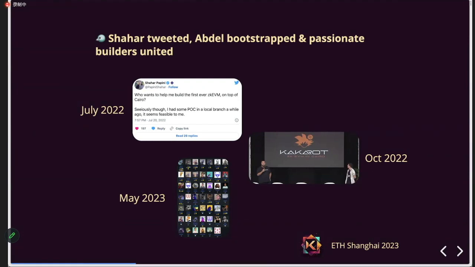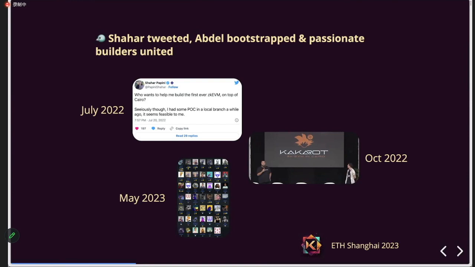But the implications are even more powerful, because if you write an EVM in Cairo, then you have a zkEVM. So it's essentially a novel approach to zkEVM. And back in July 2022, Shahar wanted to try it out. He thought, we've built the Cairo VM as a toolbox for zero-knowledge technology. So everyone writing in Cairo can have provable compute. So if we write an EVM in that language, in Cairo, we will have Kakarot, right?